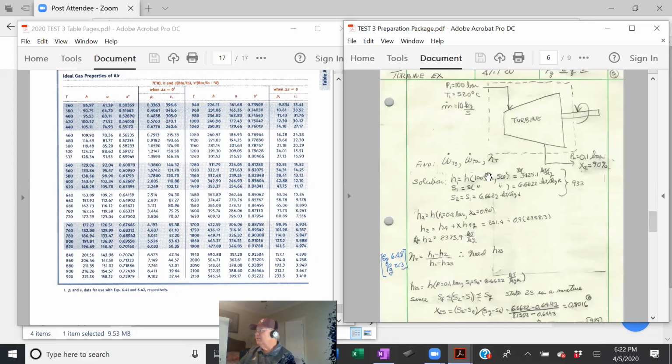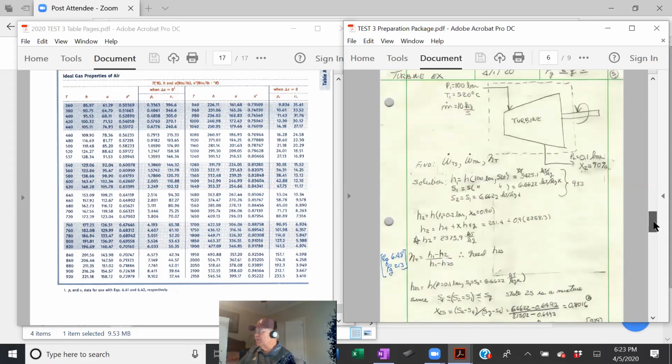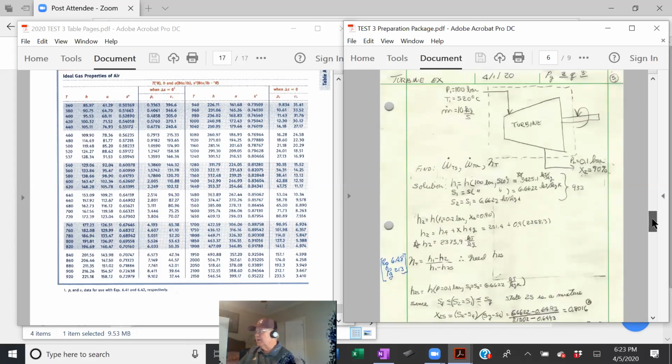We're asked to find the work of the turbine isentropic, that's what the S means, the work of the turbine actual, and the isentropic efficiency of the turbine. So let's start looking at enthalpies, because we have our mass flow rate, we just need the enthalpies to make our calculations.